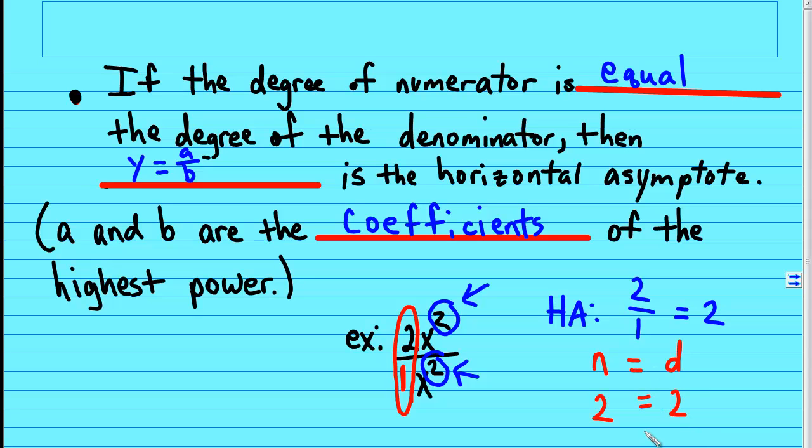These are equal. Therefore, my horizontal asymptote is my coefficient over my coefficient, my leading coefficients. So 2 divided by 1 is 2. So my horizontal asymptote is y equals 2.